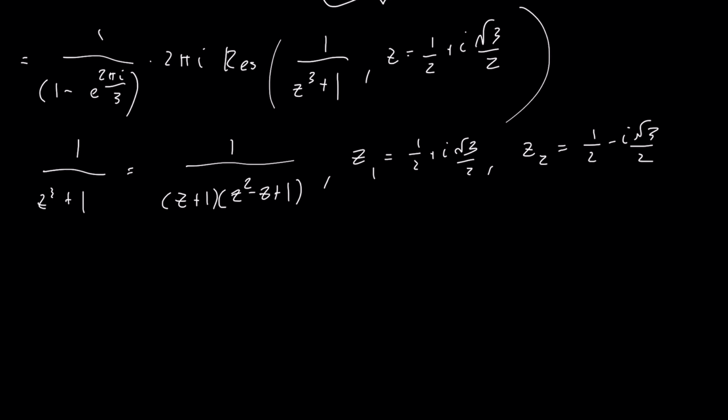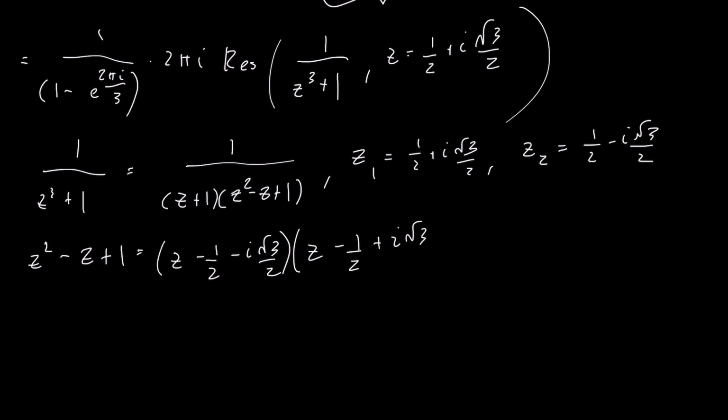So this means that z squared minus z plus 1 can be factored into z minus 1/2 minus i times the square root of 3 over 2, times z minus 1/2 plus i times the square root of 3 over 2.